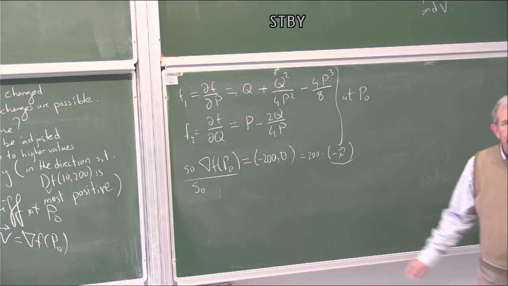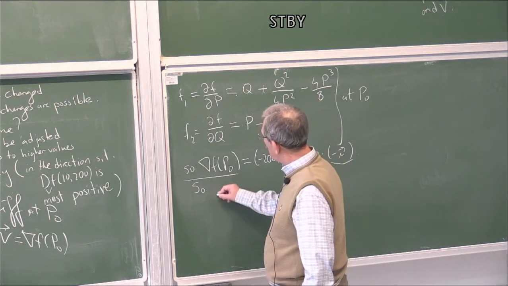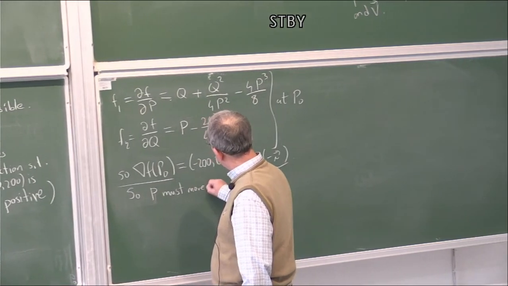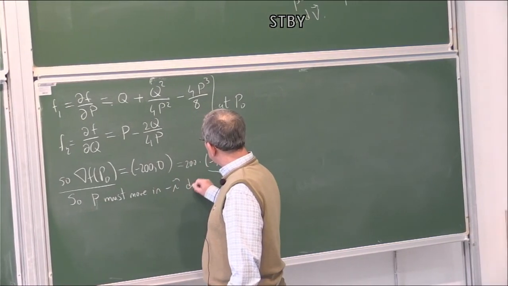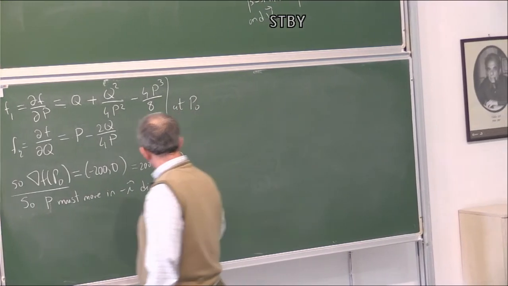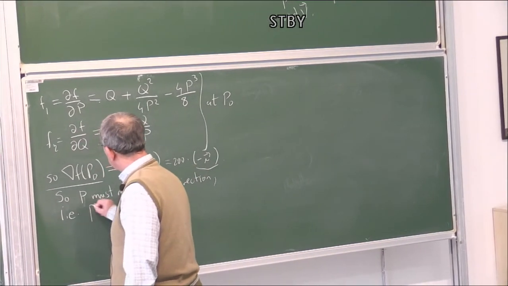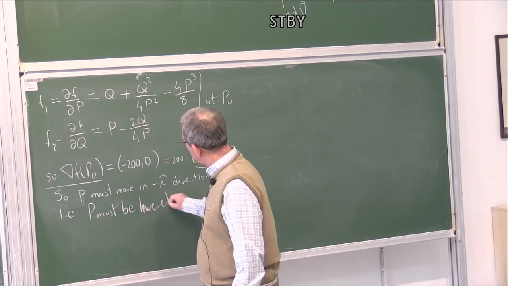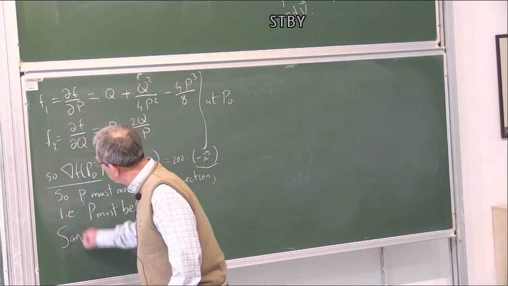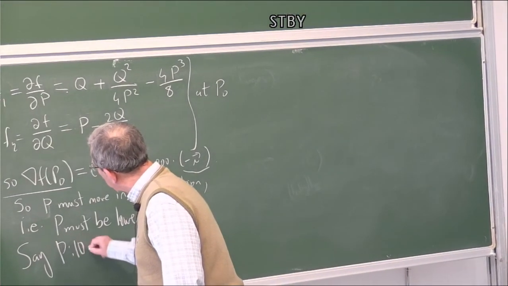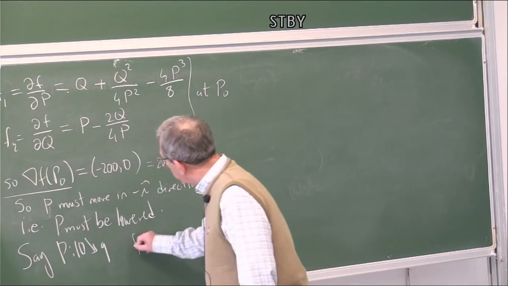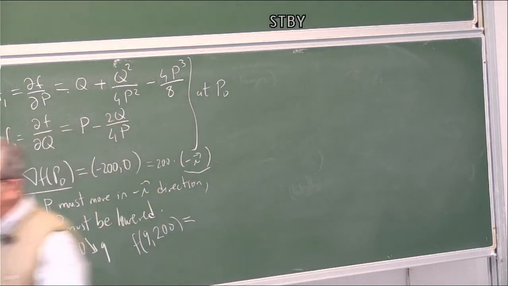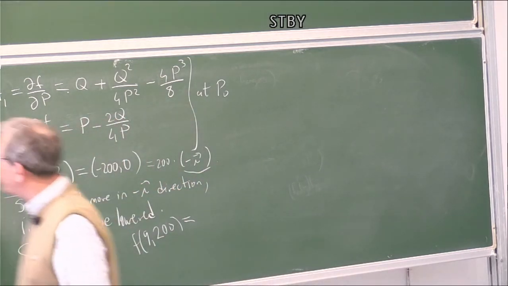You have to decrease the price. So p must move in the minus r direction, i.e. p must be lower. Say p goes from 10 to 9, then f of 9, 200 would be minus 131.